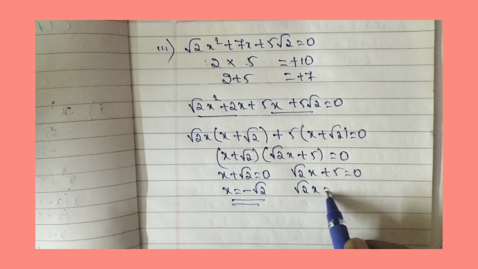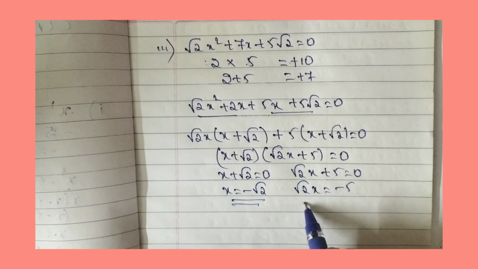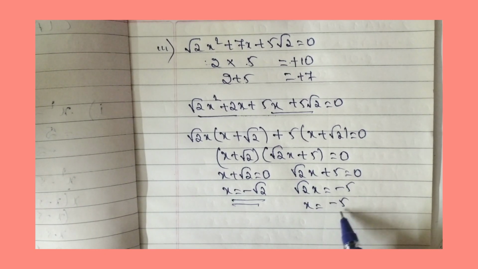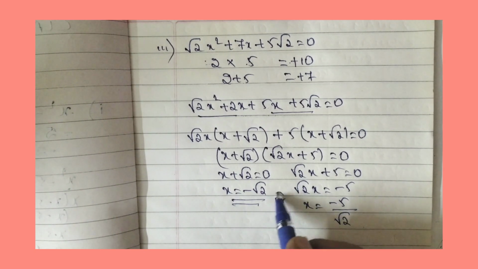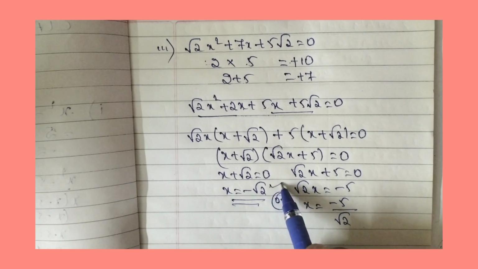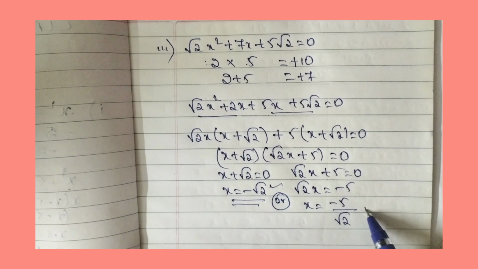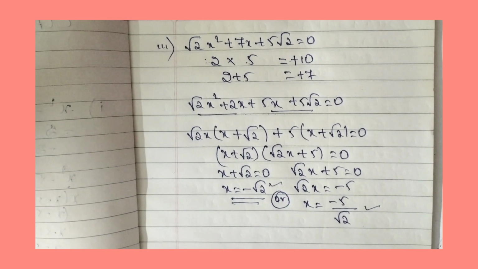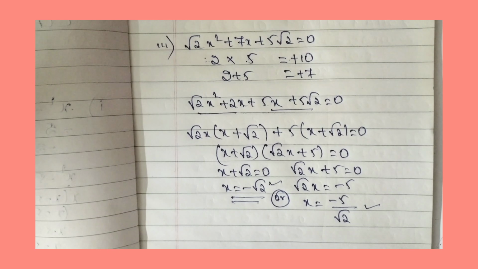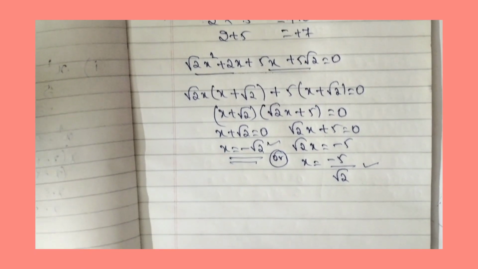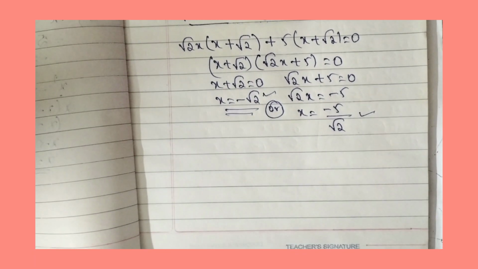Root 2 x is equal to plus 5 becomes minus 5. x is equal to minus 5 divided by root 2. Therefore, the roots are either x is equal to minus root 2 or x is equal to minus 5 by root 2. Like this, we have to find out the roots of the given quadratic equation. So now let us move to question number 4.